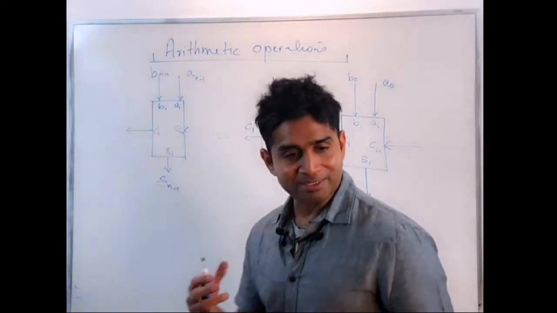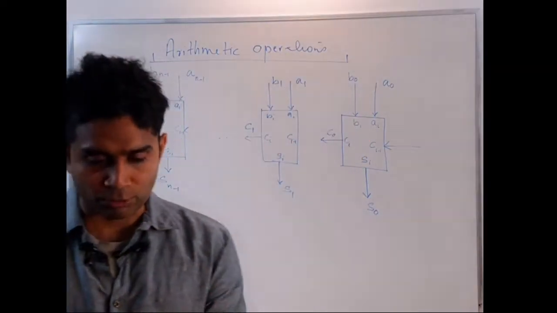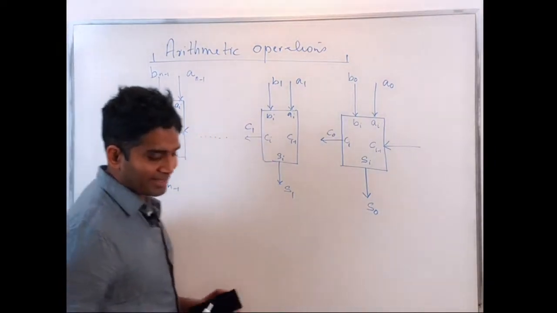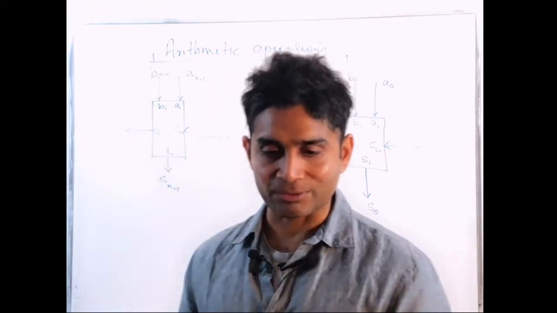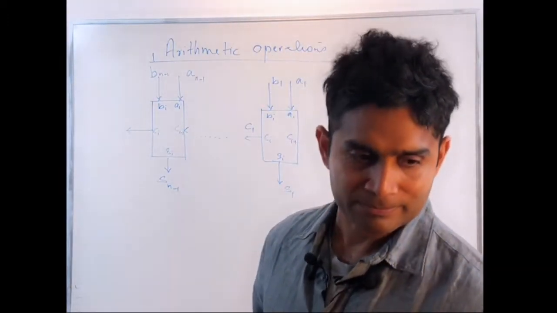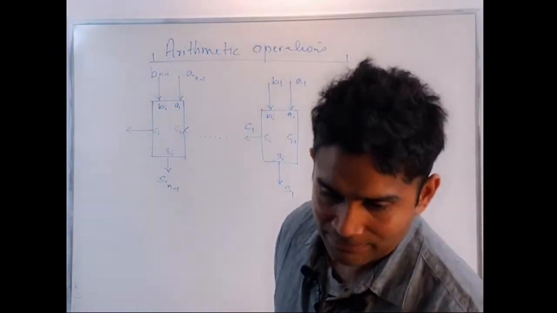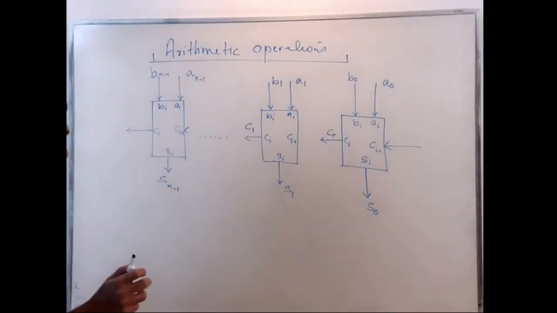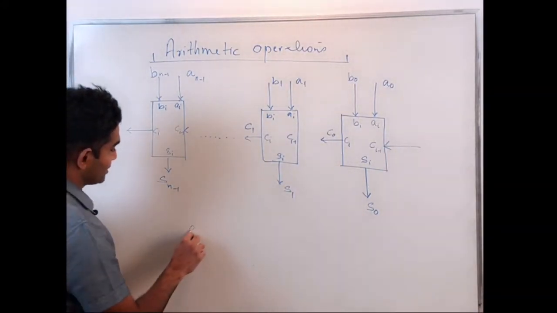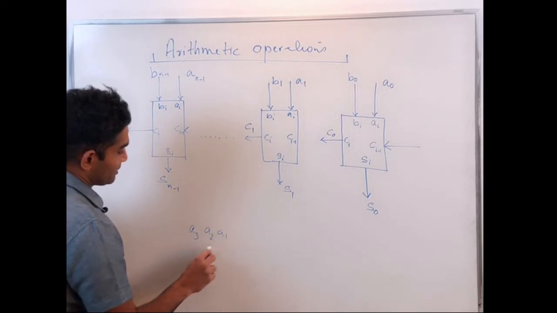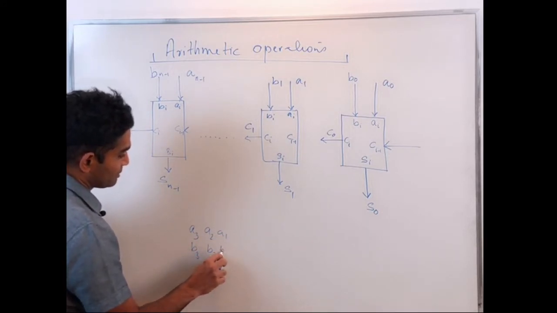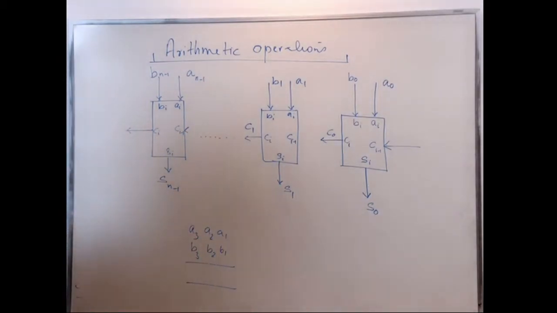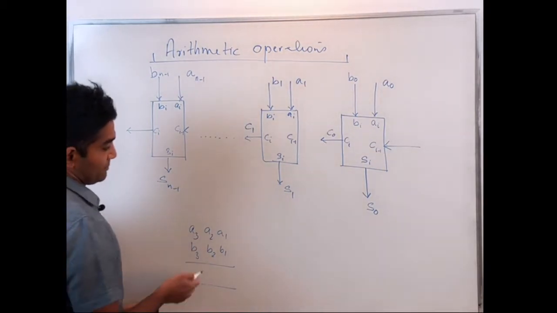Alright, so how do I make the interconnections now? I place those n modules, and then I have to connect them somehow so that I can get the right sum and the right carry out. Any suggestions on how to do that? What am I trying to do here? I'm trying to do this addition operation: A3, A2, A1 plus B3, B2, B1. A1 plus B1. Of course, in the first bit, I don't have to consider the previous carry, so I can consider that as 0.